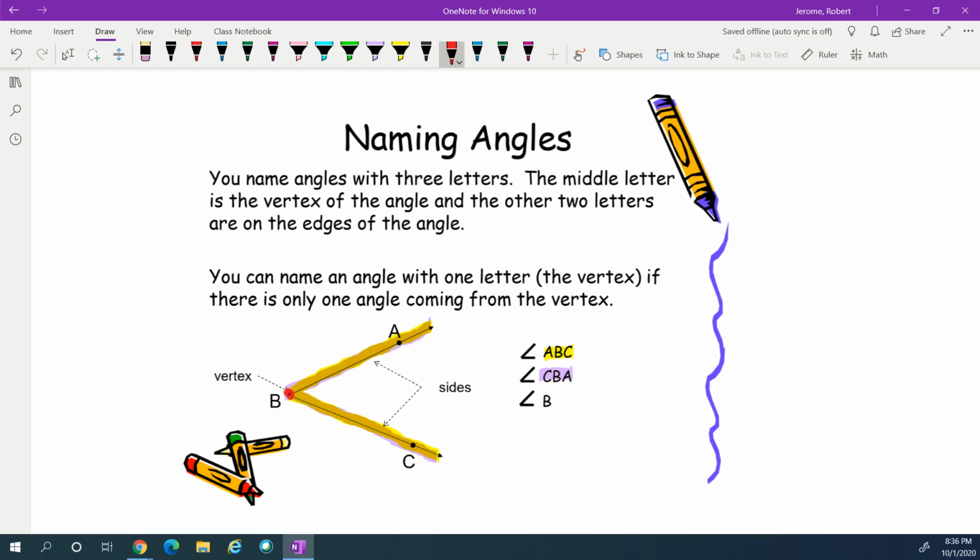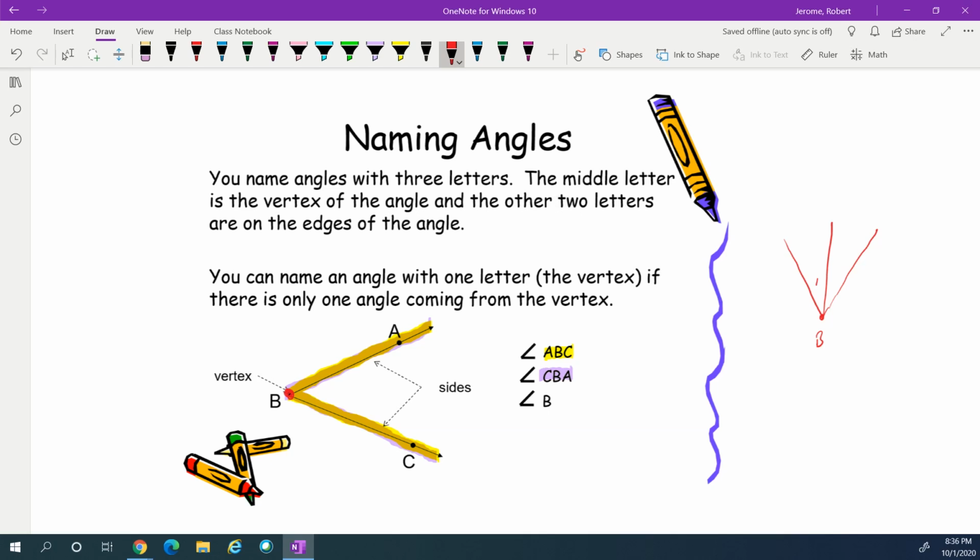And the reason is because there's only one angle that comes out of point B. For example, if our picture looked like this, and that was point B, if I said look at angle B, you wouldn't know which angle I'm talking about.